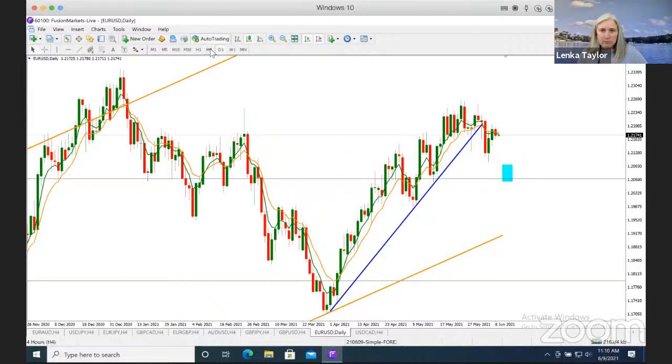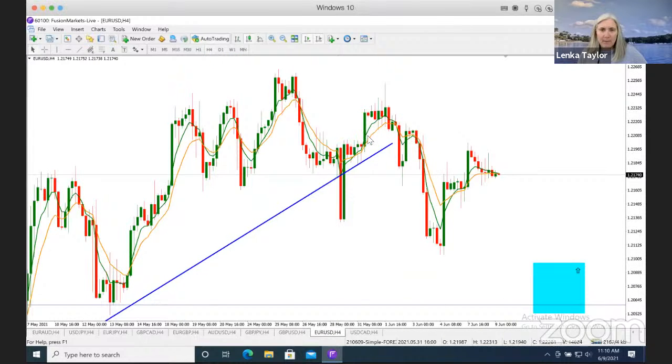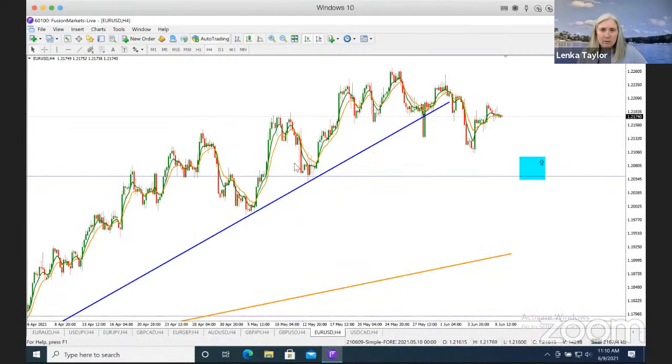So I'm looking for a pullback down to this horizontal level, 1.20. So it was going up nicely, had a bit of a reversal there. So I'm looking for a further movement down, and then looking for a reversal at that level to get in again for a long.